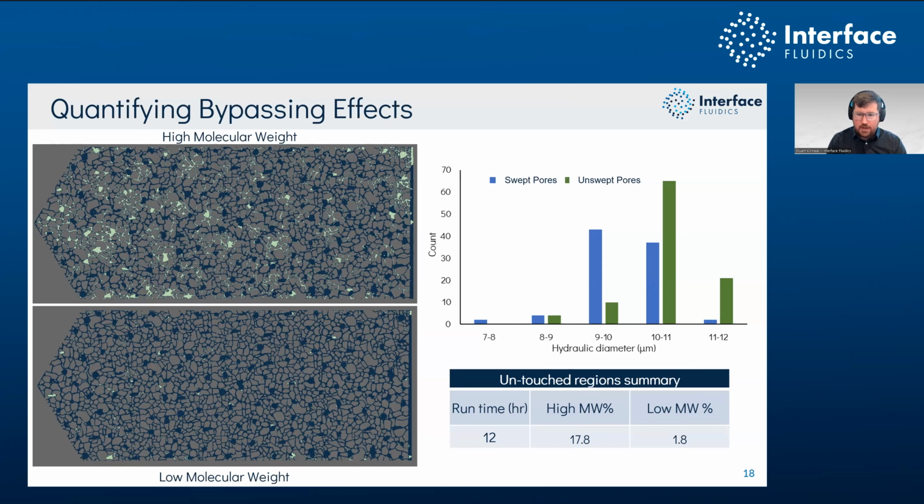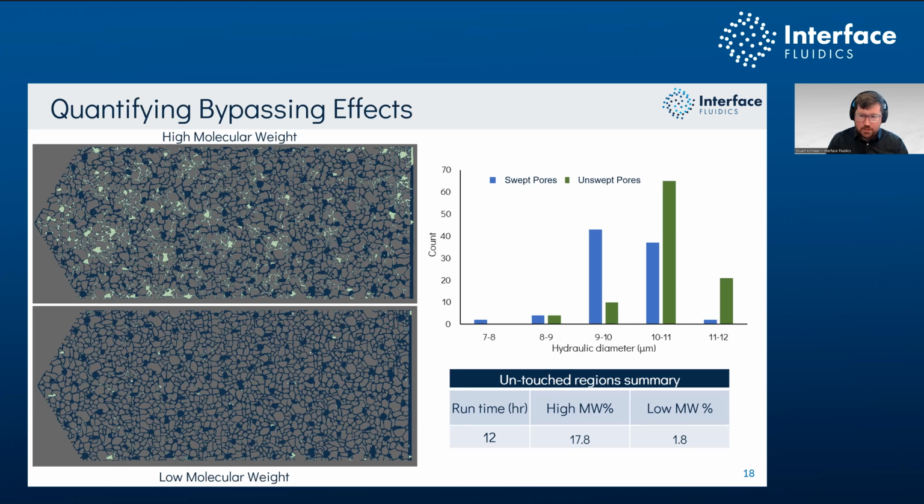And if we're looking on the right, we can quantify how this behaves as a function of pore throat size. So in unswept pores, we're typically looking at the majority of our pores that are in the range of 10 to 11 microns of hydraulic diameter. We're seeing greater trapping at a pore throat size of 10 to 11 microns than any other area.